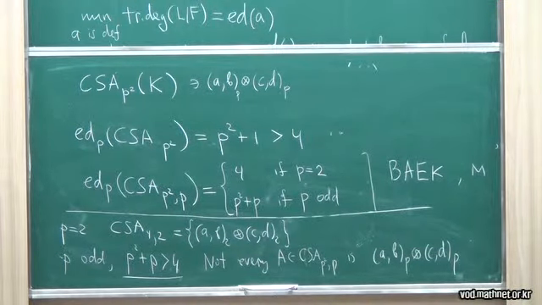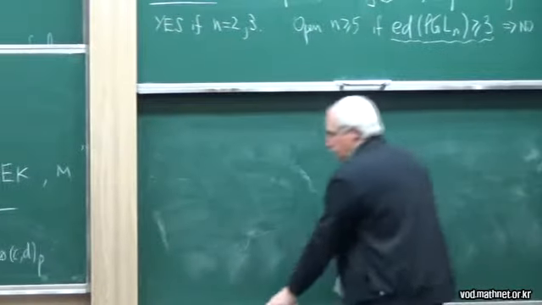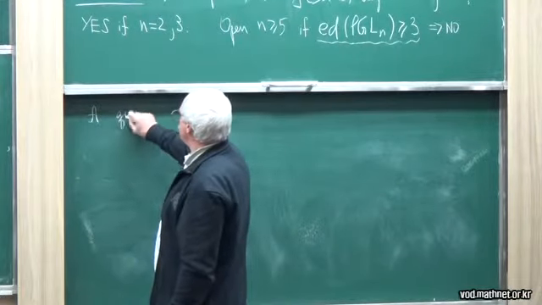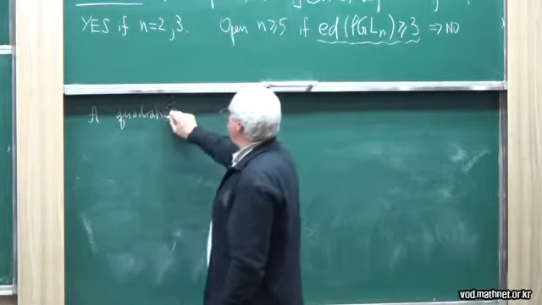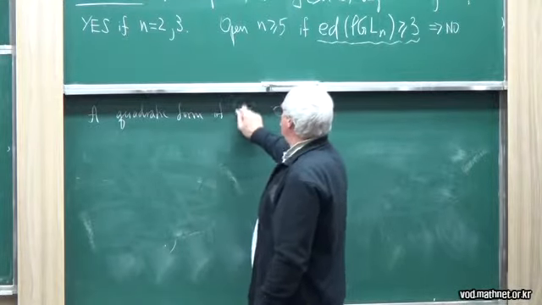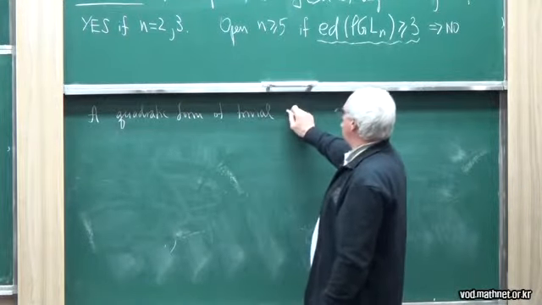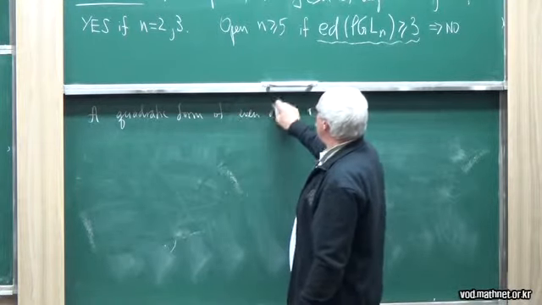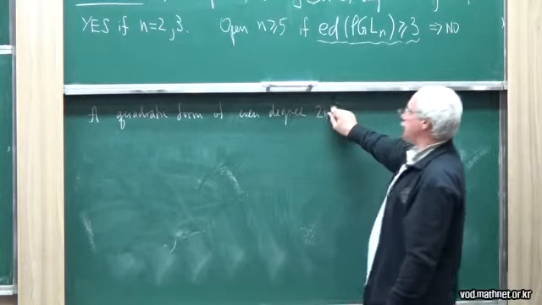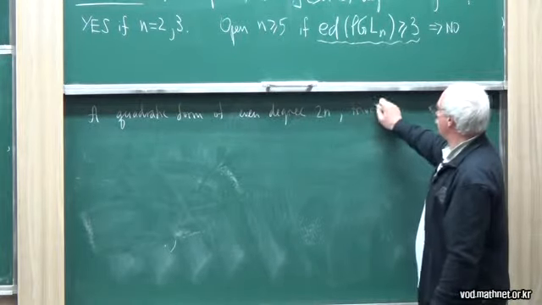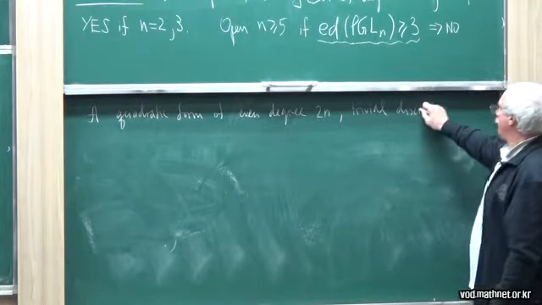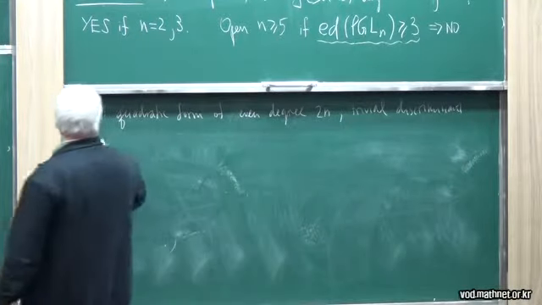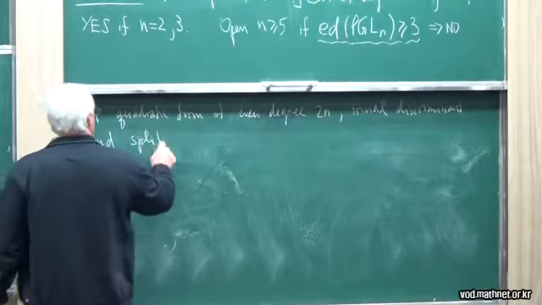Maybe I will give you one last example. It's about quadratic forms. The class is quadratic forms of even dimension 2n, trivial discriminant, and trivial Clifford algebra, that is, split Clifford algebra.